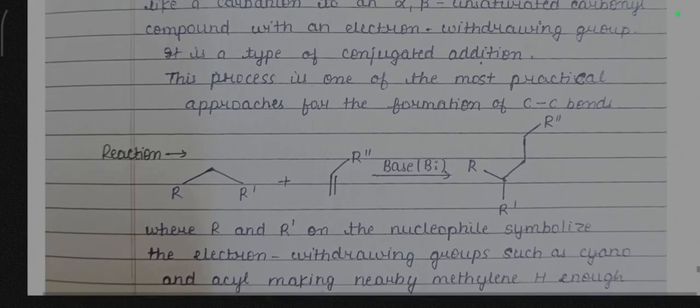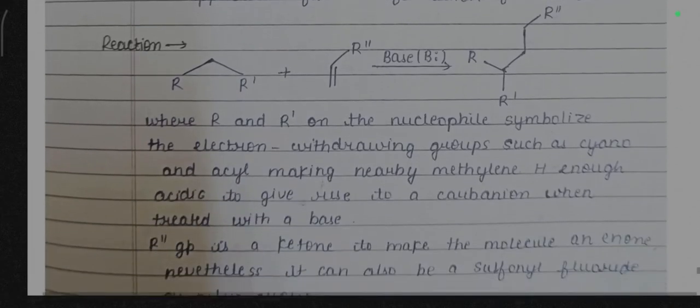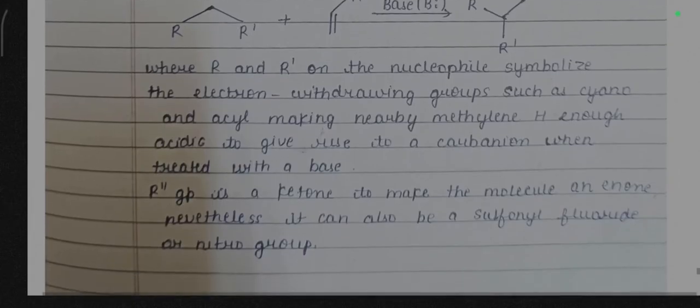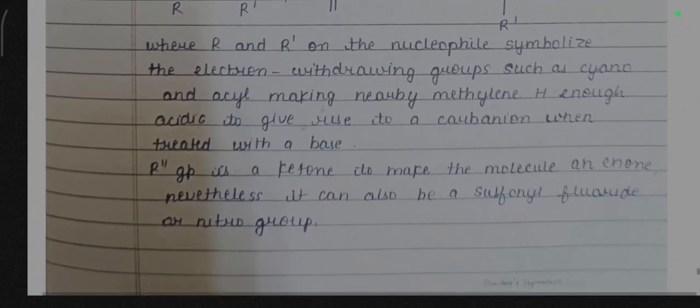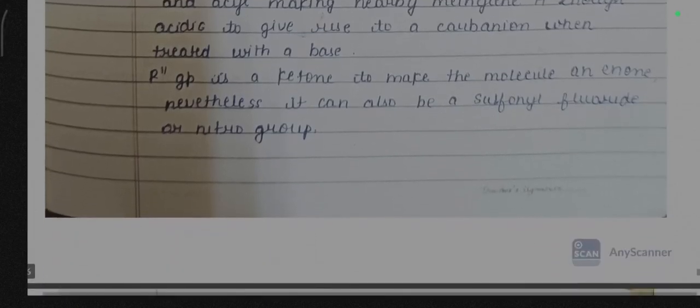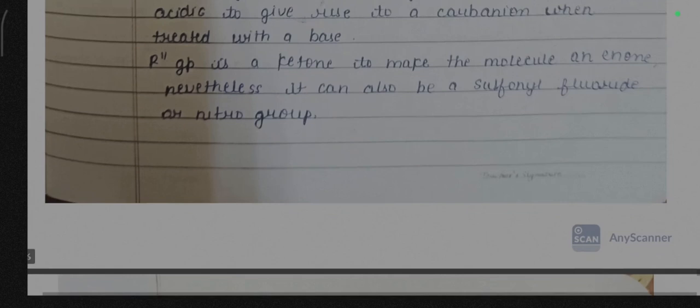This process is one of the most practical approaches for the formation of carbon-carbon bonds, where R and R' on the nucleophile symbolize electron withdrawing groups such as cyano or acyl, making the nearby methylene H acidic enough to give rise to a carbanion when treated with a base. The R'' group is a ketone to make the molecule an enone.